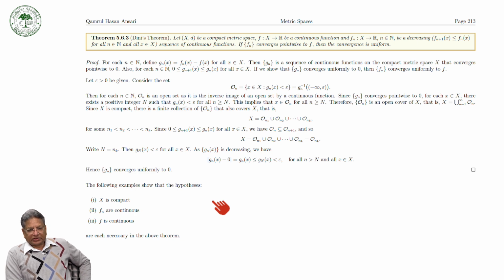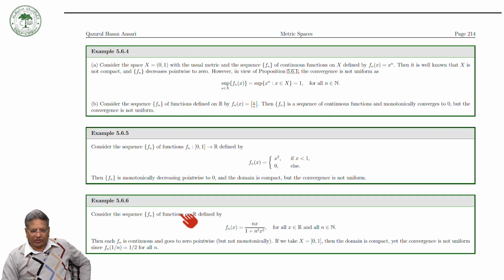And also if Fn are not continuous, even then the Dini theorem will not hold good, and if f is not continuous, even then the Dini theorem will not hold good. So these assumptions are very important in Dini's theorem. So we will see this in the following 3 examples.